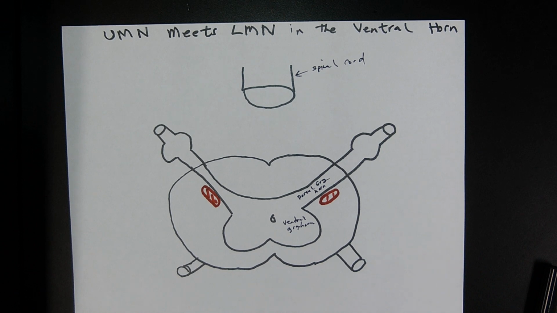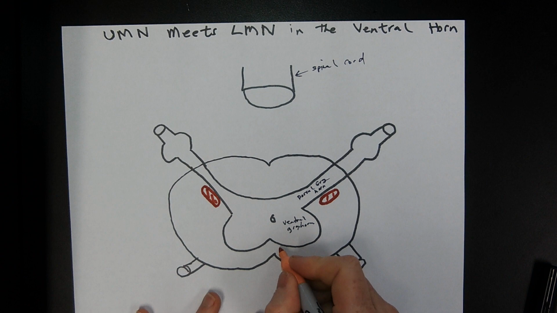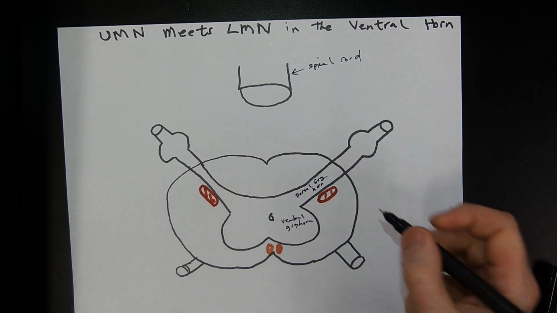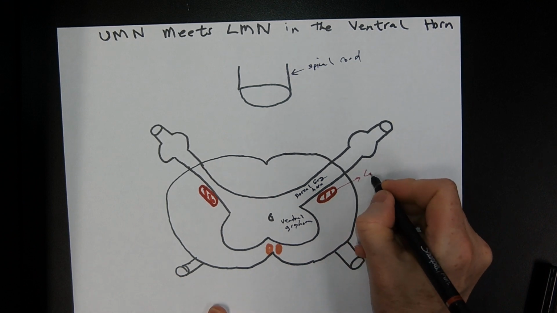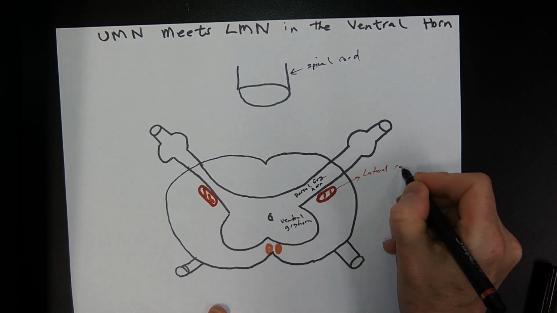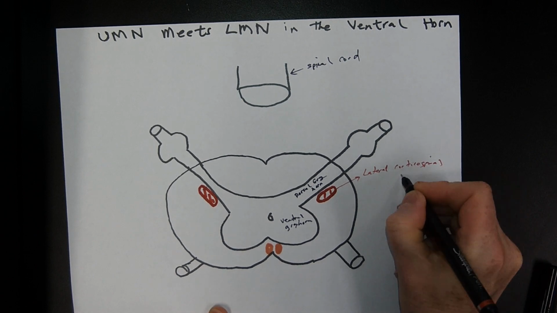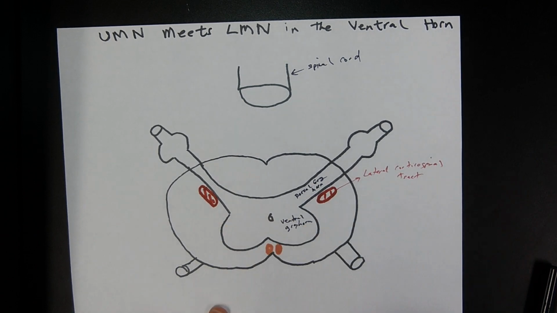And then my anterior corticospinal tract is going to be here in the anterior column. So lateral corticospinal tracts in the lateral column, anterior corticospinal tracts in the anterior column. So this is going to be your lateral corticospinal tract, and that's on both sides.